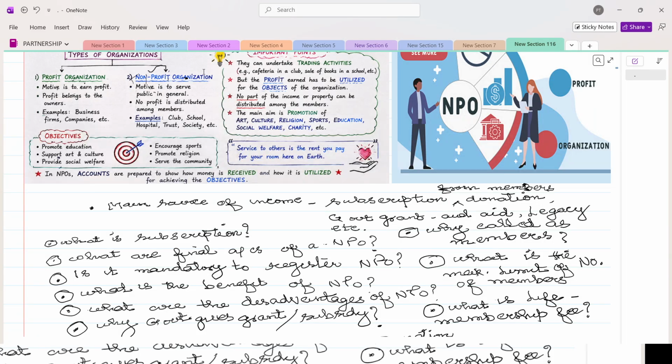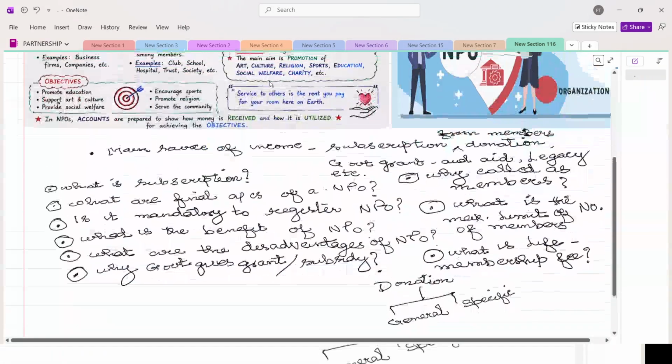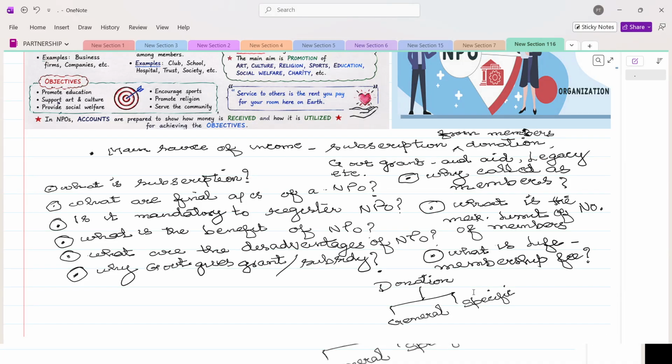Now coming back to what life membership fee is and all, we will come into that. First we'll go into donation. Donation is of two types: one is a general donation and the other is a specific donation. General donation means anyone gives a donation and they can utilize it for any requirement of the NPO. But a specific donation comes with a condition that you can use this donation only for such and such purpose.